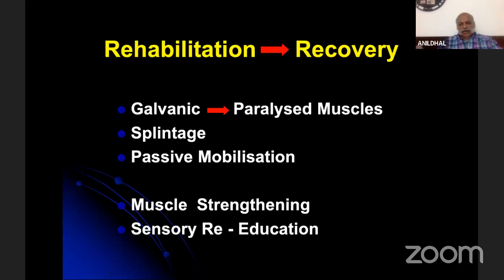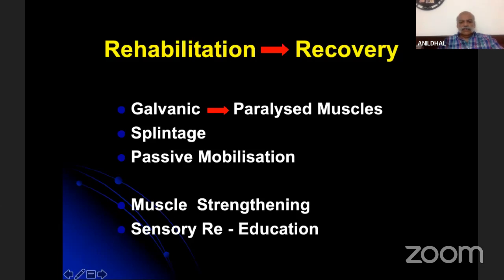Well, once recovery starts, you need to see to it, or while you're waiting for recovery, we have already talked about galvanic stimulation of paralyzed muscles, but you must remember that once muscle starts getting innervated, muscle strengthening exercises need to be reinstituted.